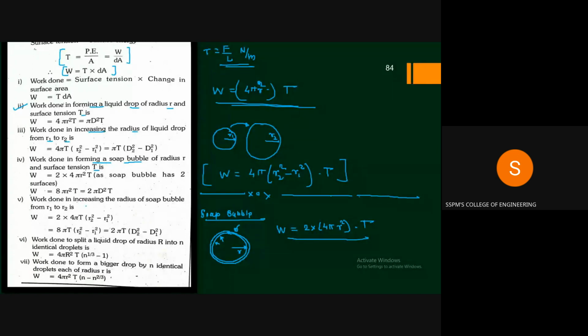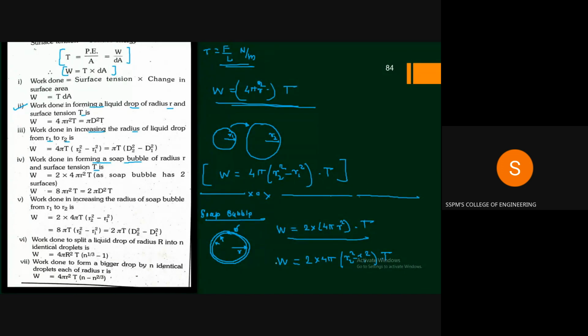Now, if you want to increase the radius from R1 to R2, then we will have the work done W is equal to 2 into 4 pi into R2 square minus R1 square into the surface tension T.